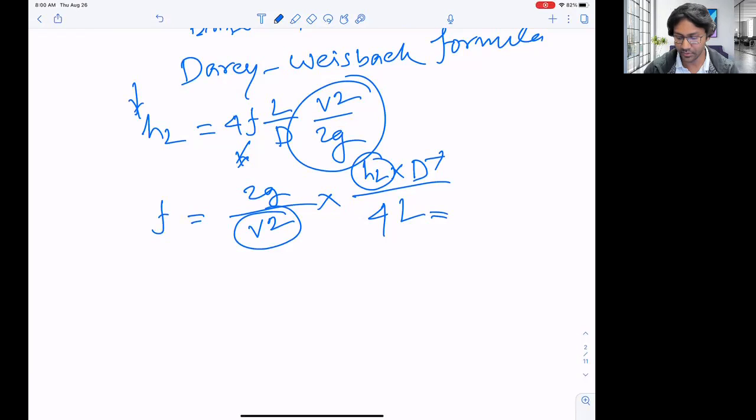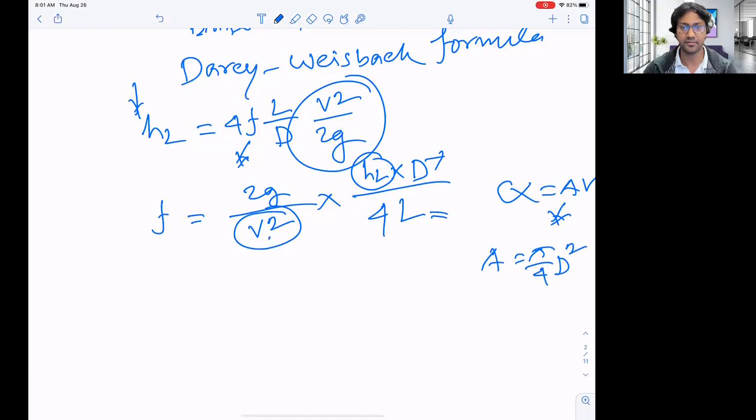If you know Q, we know Q is equal to AV. Since we know the diameter of the pipe, we can calculate A as pi divided by 4 d squared, and then we can calculate V. From this V, we'll be able to calculate the friction factor for that specific pipe, right?